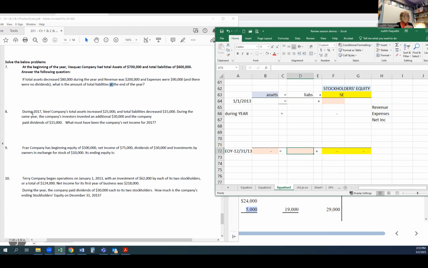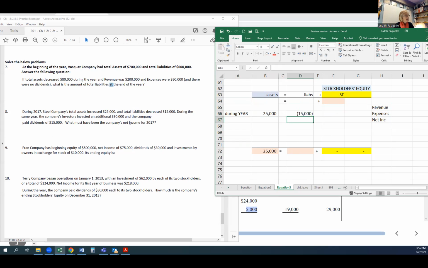Number 8, it's not telling me what's the beginning of the year. It's just saying during the year, steel company's total assets increased by 25,000. I really find laying it out on a worksheet to be really helpful. Total liabilities decreased 15,000.